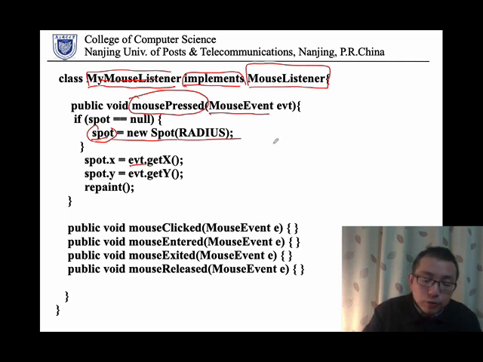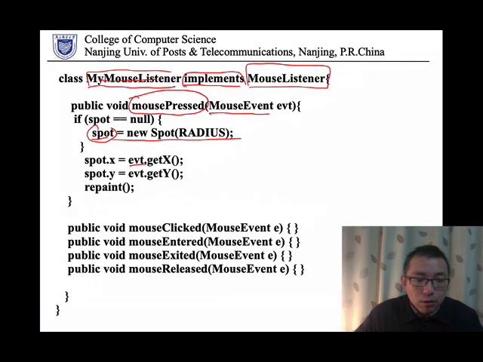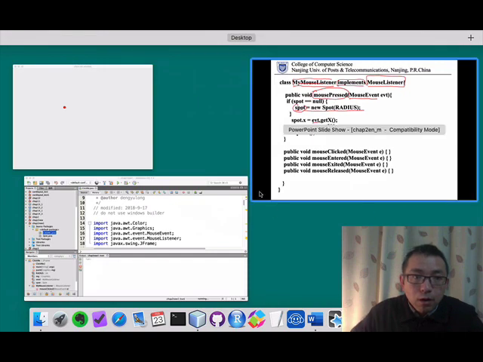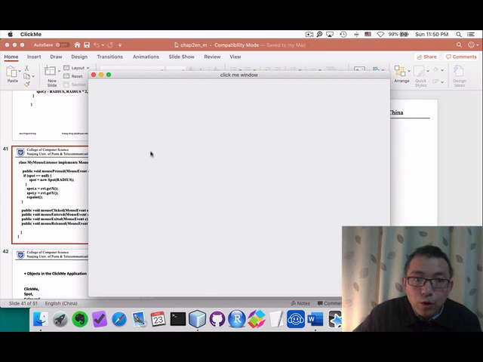So back to our application. Now we understand how the application works. When we click, the mouse listener object can get the mouse position from the MouseEvent object, which is provided by the Java platform.